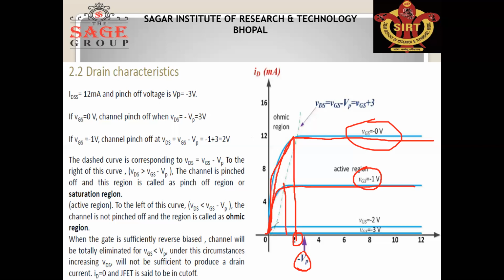Again, if we increase the voltage, pinch off voltage decreases, and it will reach its maximum value early. So this is the drain characteristics between the drain source voltage and drain current at constant gate source voltage.